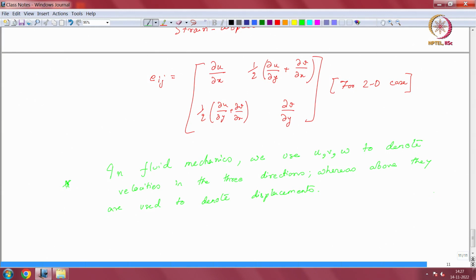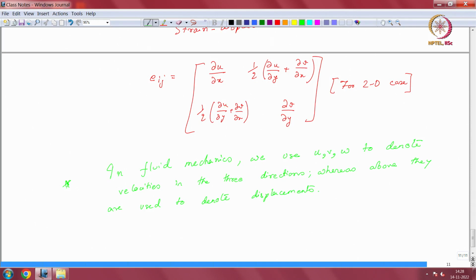Now my tensors look exactly the same. The idea is very similar, and we are going to deal with a strain rate tensor in fluid mechanics, where these will now become velocities. Okay, but the idea is essentially the same.